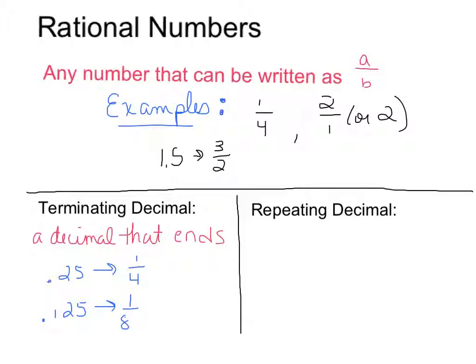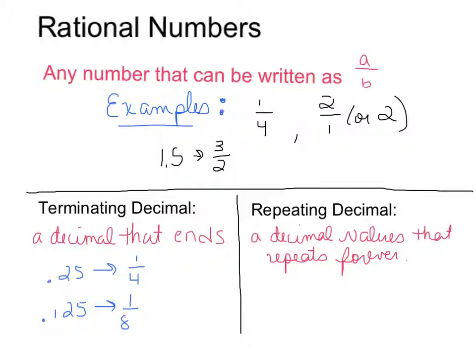A repeating decimal is a decimal value that repeats forever. Probably the two most common repeating decimals are 0.3 repeated, which is the decimal 1/3, and 0.6 repeating, which is the decimal 2/3.